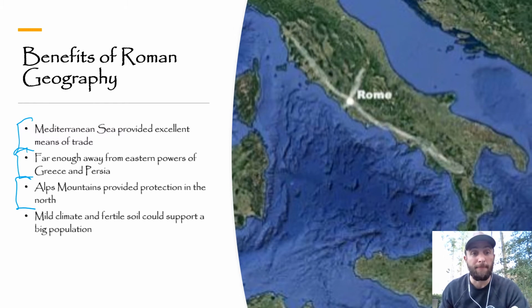The same thing applies for the Romans, only instead of it being a desert, they had some of the tallest mountains in the world protecting their peninsula. It would take a lot of effort to get an army through there. Spoiler alert, someone does pull it off in the future. We'll talk about that in another video.